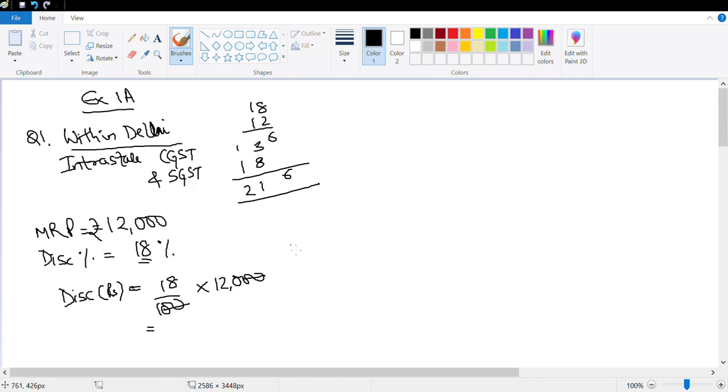Is this correct? No, GST is 18%. So I've read the question wrong. GST is 18%. This is not 18%. So that's my mistake.